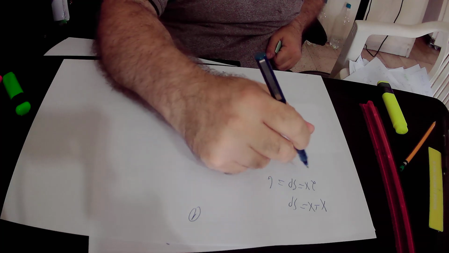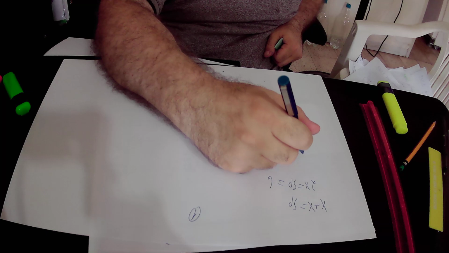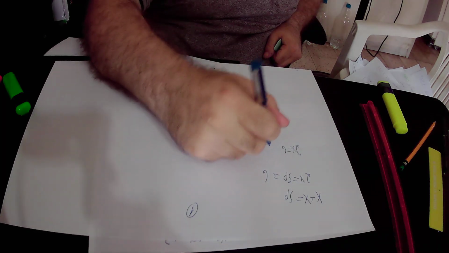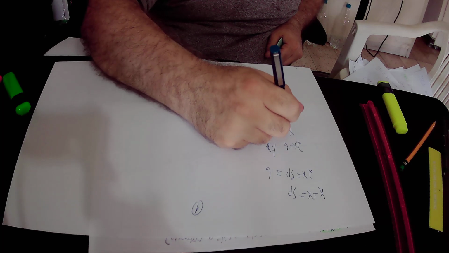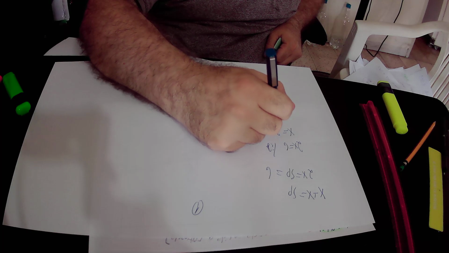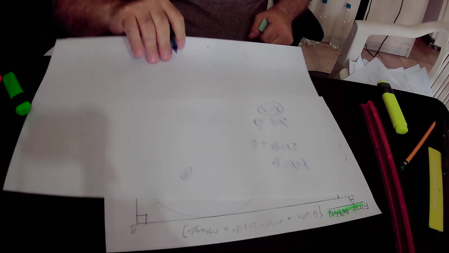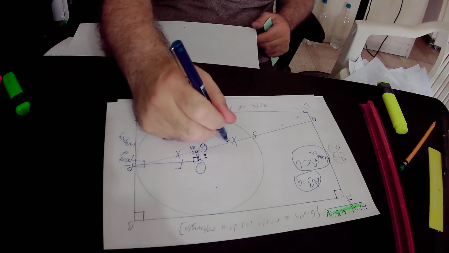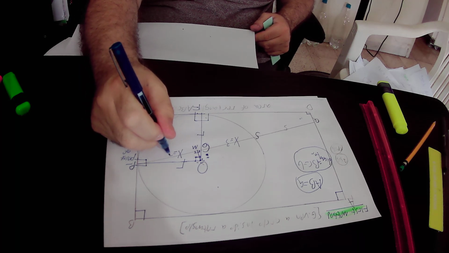So 2X equals 6. We divide this equation by 2, and we get that X equals 3 units. So here X equals 3 units, and MP is also equal to 3 units.